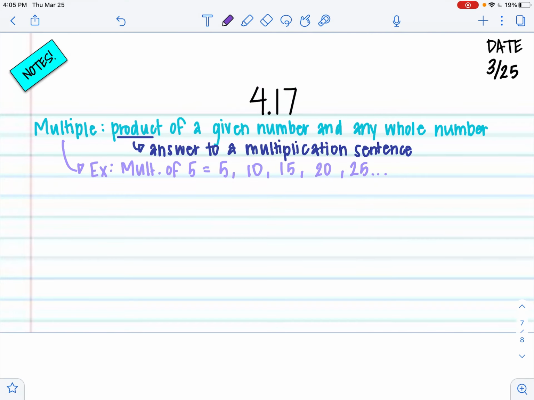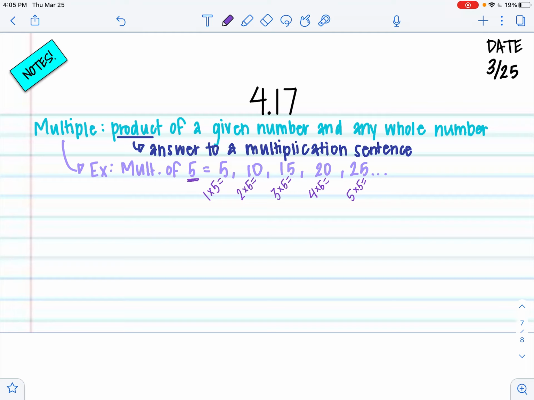The given number would be 5, and any whole number, because the whole number 1 times our given number 5 is 5. The whole number 2 times our given number 5 is 10. 3 times 5 is 15. 4 times 5 is 20. 5 times 5 is 25, and so on.